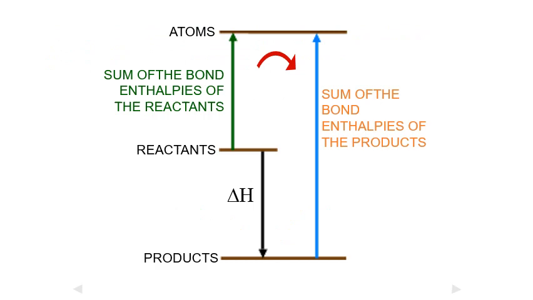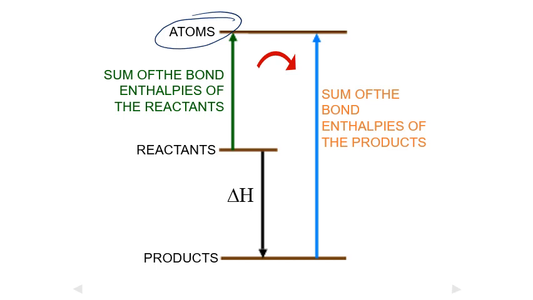In diagrammatic form, basically what happens is in the reactants, all the bonds have been broken, so you just form a series of atoms, and they are then reconfigured into new products by forming new bonds to form the products.